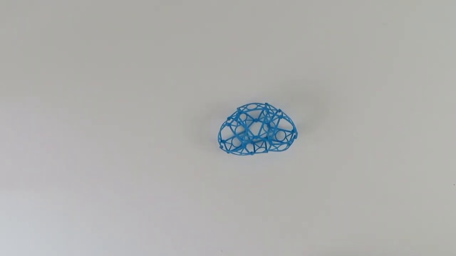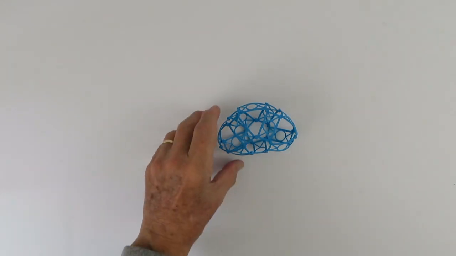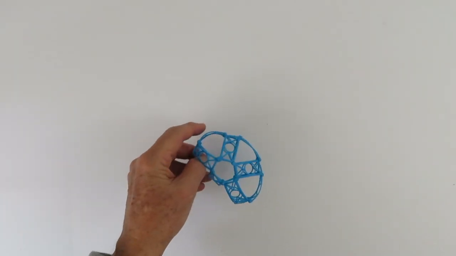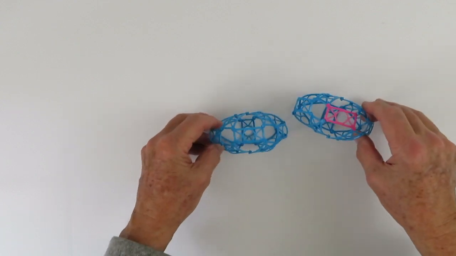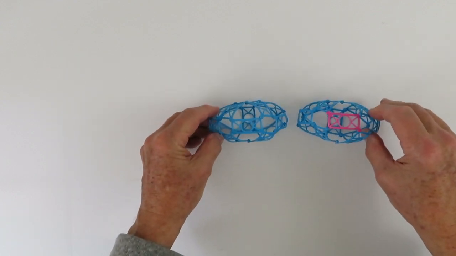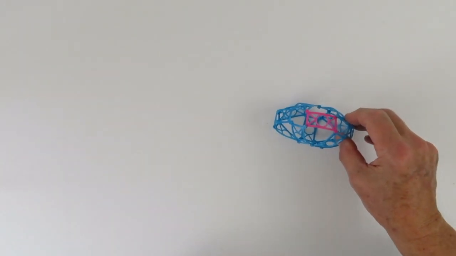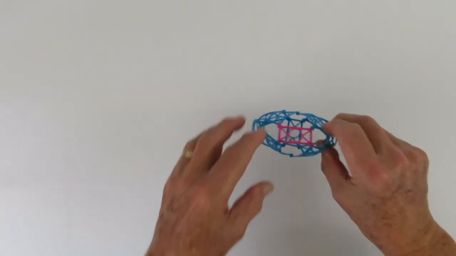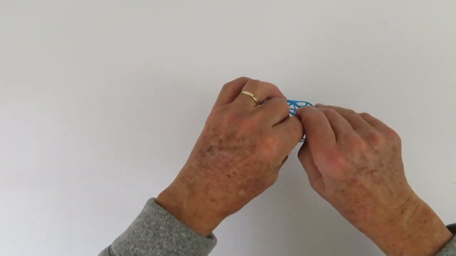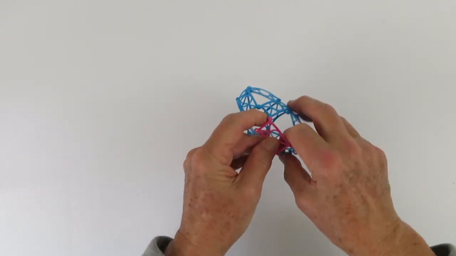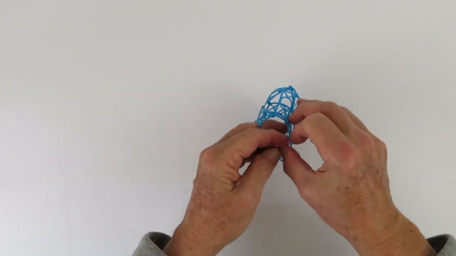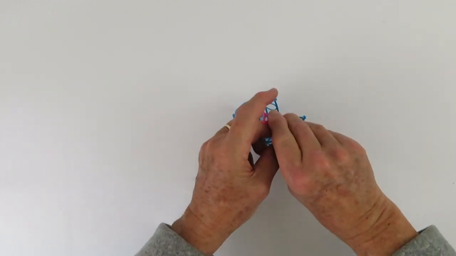So let's once again take this model here, only this time we'll color a different edge, this back edge here, and see how the model transforms. So once again, I'll do this by hand, just to convince you that it's real.